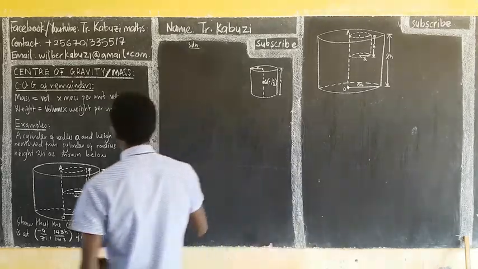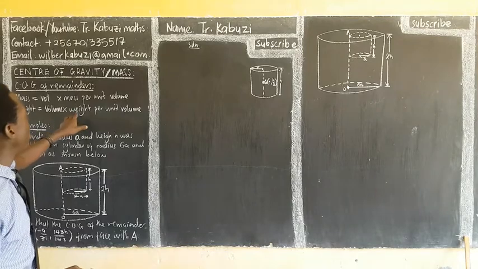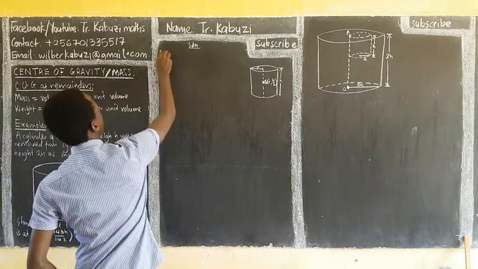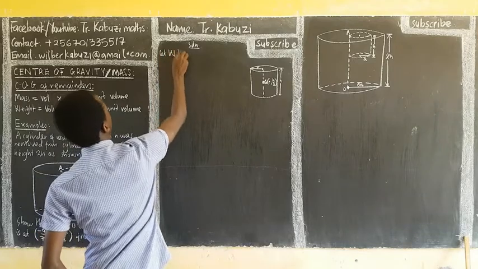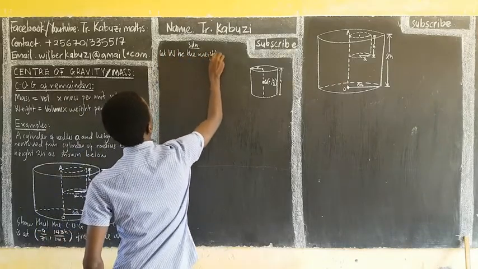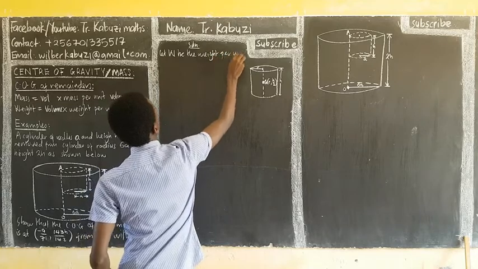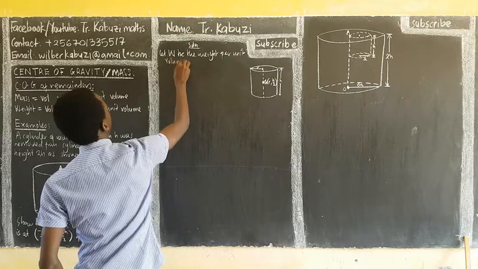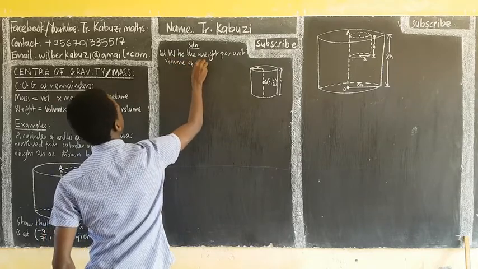We don't always know the weight per unit volume, so we always let it be W. So let W be the weight per unit volume of the cylinder.